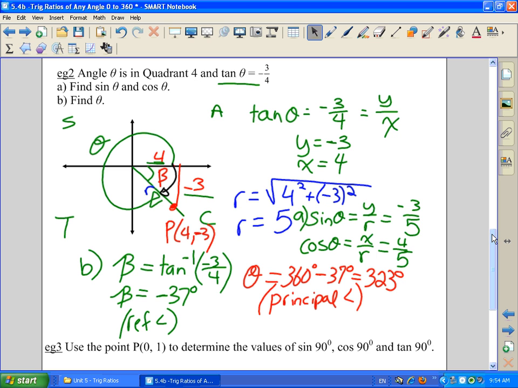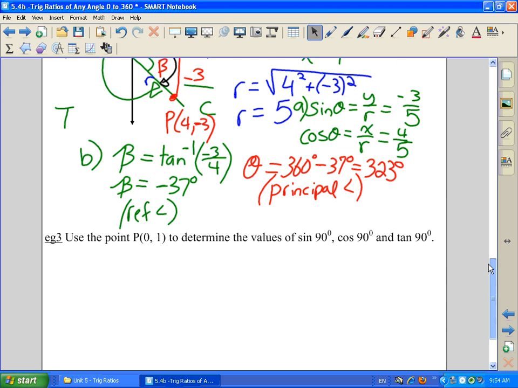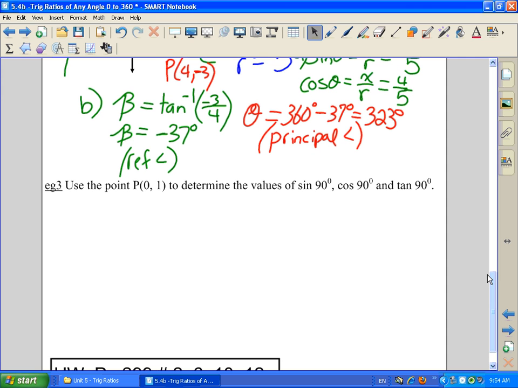All right. Okay, let's do one last example here before we assign some homework. Use point 0, 1 to determine the values of sine theta, cos theta, and tan theta. Now, the tricky part here, ladies and gentlemen, is when we go to draw on our grid, you're going to notice that when you plot point 0, 1, it's actually on an axis.